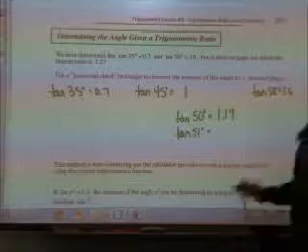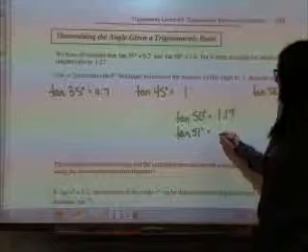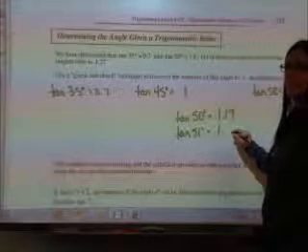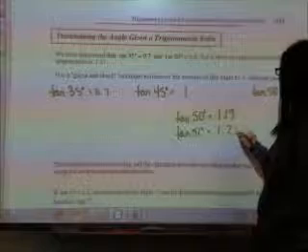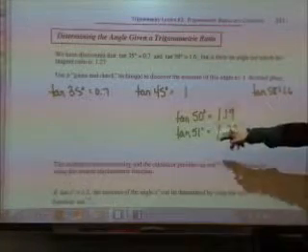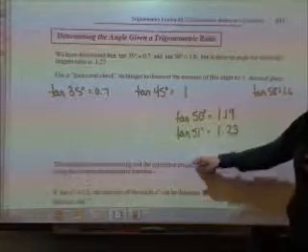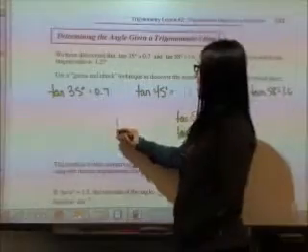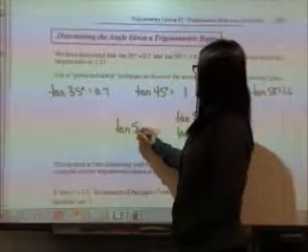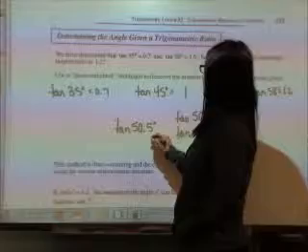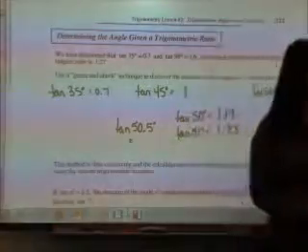What do you get? It's got to now be somewhere between tan 50 and tan 51. So what if I try tan 50.5? What would I get?